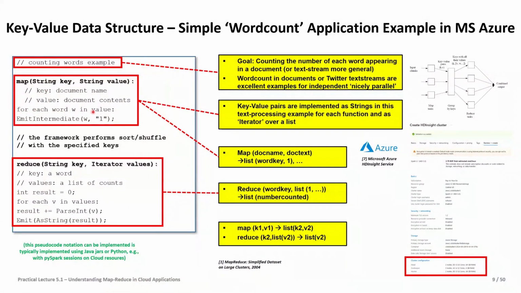You say for each word that you have, maybe you go line by line through this, each word will be word, whatever the word is, occurrence 1. Word, occurrence 1. If the word occurs a couple of times, it's still 1. Hence, you end up with a very long list with ones, in a very distributed fashion.